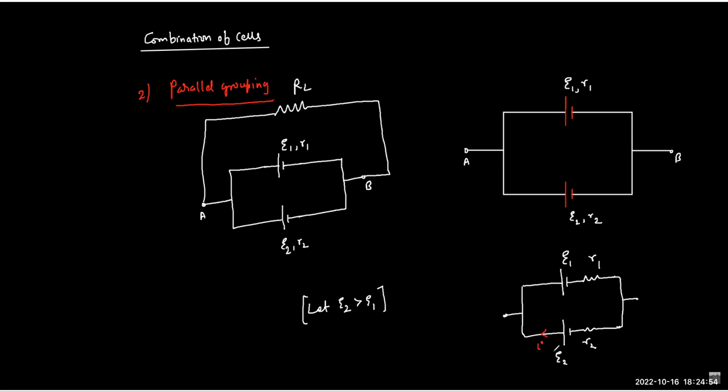So let's call this current I. We have only one loop, so there must be only one current. So in a single loop, the current will be only one value, I. Now tell me which one is charging and which one is discharging. Looking at the circuit, can you suggest which cell is charging and which cell is discharging? E1 is charging. Very good.